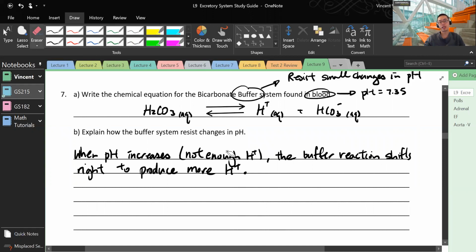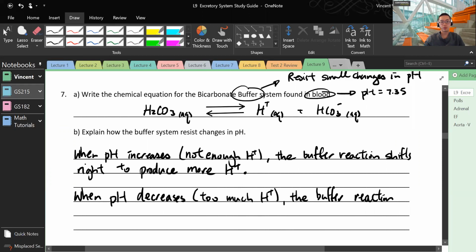So you're replenishing what you don't have enough of. On the other hand, when pH decreases, too much H+, the buffer reaction shifts left to remove excess H+.